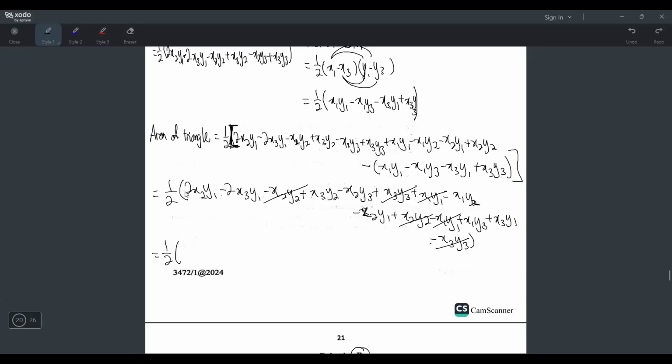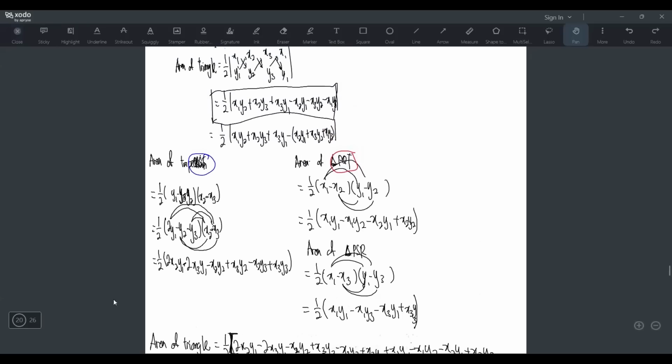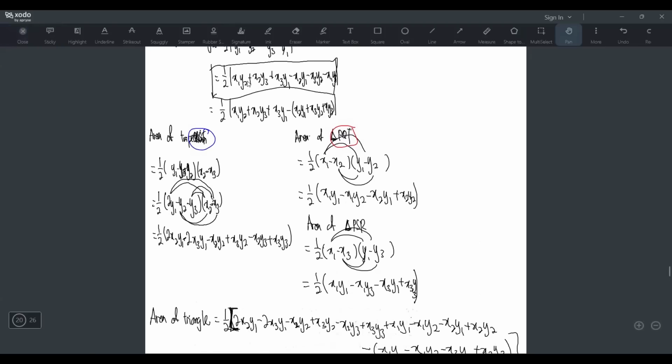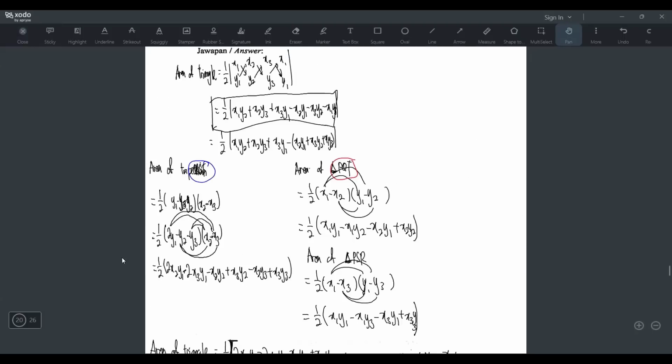I think the rest cannot cancel already, but you can see that there are some terms that you can write. But which one to write first? Let me tell you. If you look at the area of triangle formula, this is the formula I'm trying to derive. And you can see that they write x1y2, followed by x2y3, followed by x3y1. So if you can be smart here and try to find the x1y2 first, because you know already the end result will be this, the formula we are trying to prove.